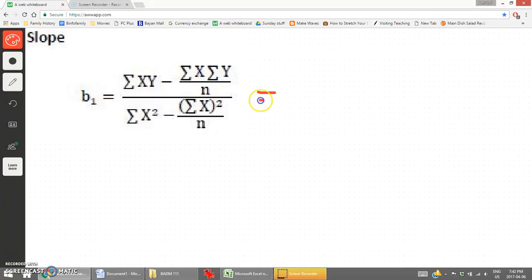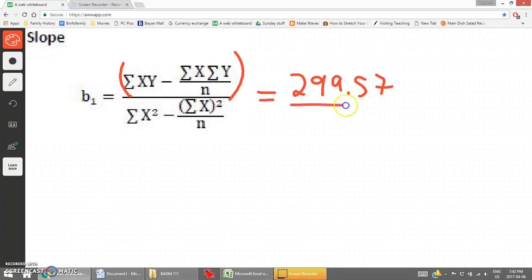So we're just going to put in what we've already calculated, 299.57, because this top part here is the same as the Pearson correlation coefficient formula. The bottom looks similar as well. The only difference is that we're not taking a square root. So we'll show it here.